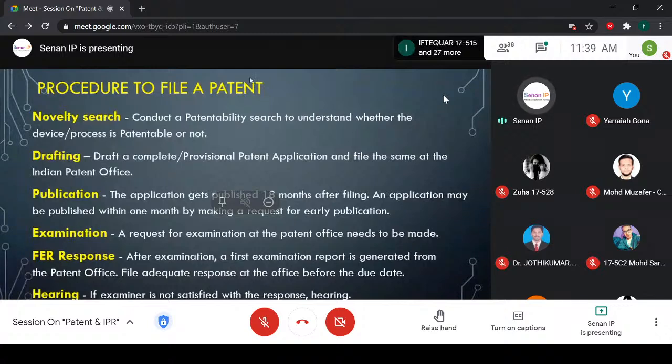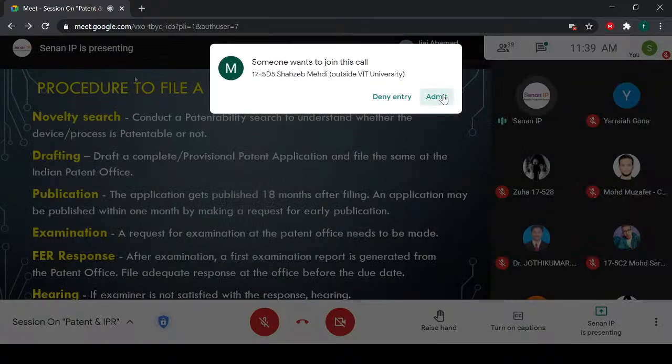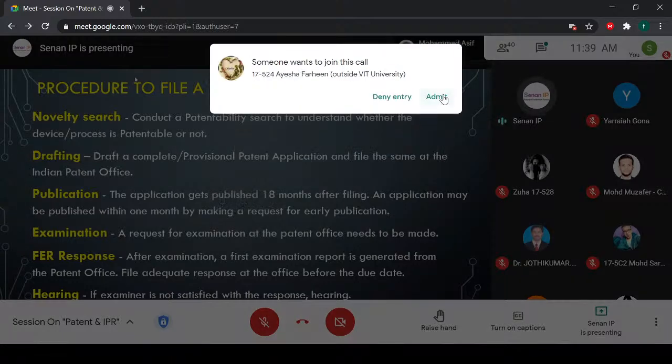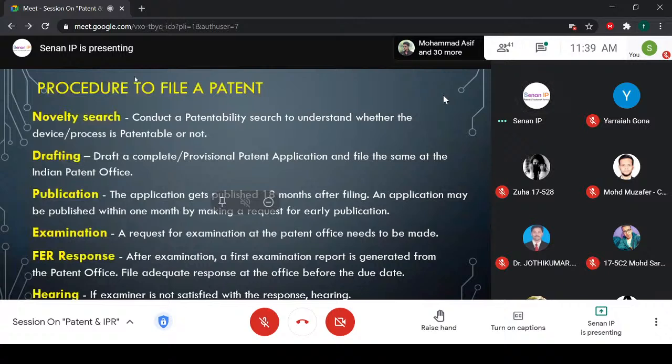If the invention does not comply with the primary three factors, novelty, inventiveness and obviousness, then there is no meaning of filing a patent application, because the patent application is not going to be granted without novelty, inventive step and industrial application. So first of all, we conduct a novelty search to understand whether the invention is patentable or not, and then we will share a patentability search report, and we will also give you an opinion on whether you should file a patent application or not.